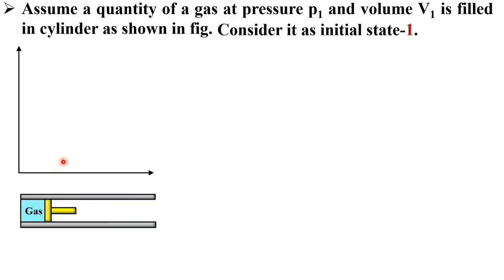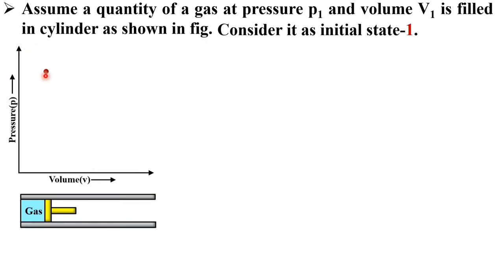Now let me draw the same state 1 of the gas on a PV diagram. So this is the pressure versus volume diagram. Once again, keep in mind that the pressure versus volume diagram is known as the PV diagram. Always pressure is on the y-axis and volume is on the x-axis for the PV diagram.